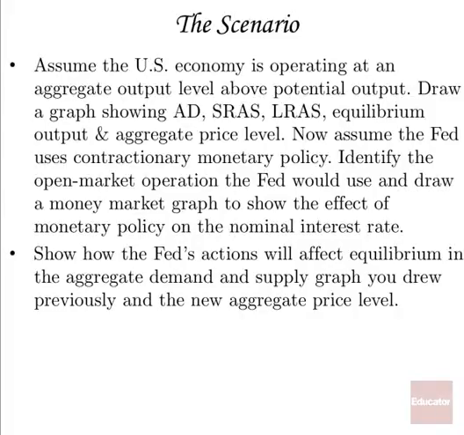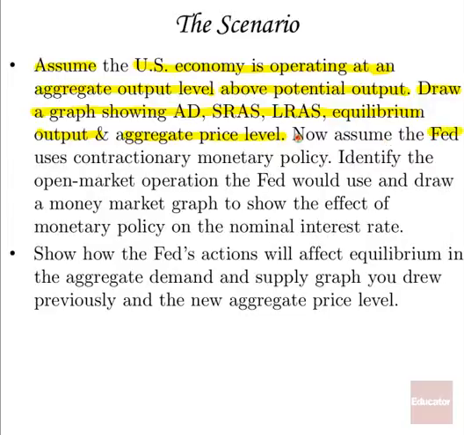So let's read this part of the scenario. Assume the U.S. economy is operating at an aggregate output level above the potential output. Draw a graph showing AD, SRAS, LRAS, equilibrium output, and aggregate price level.